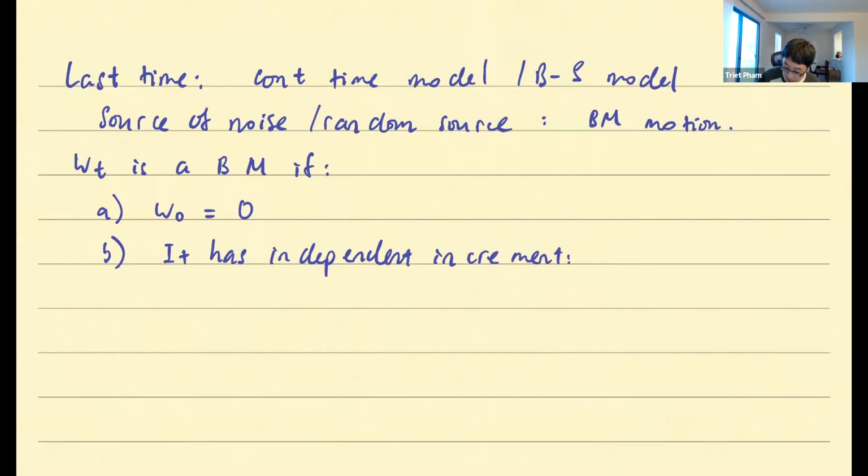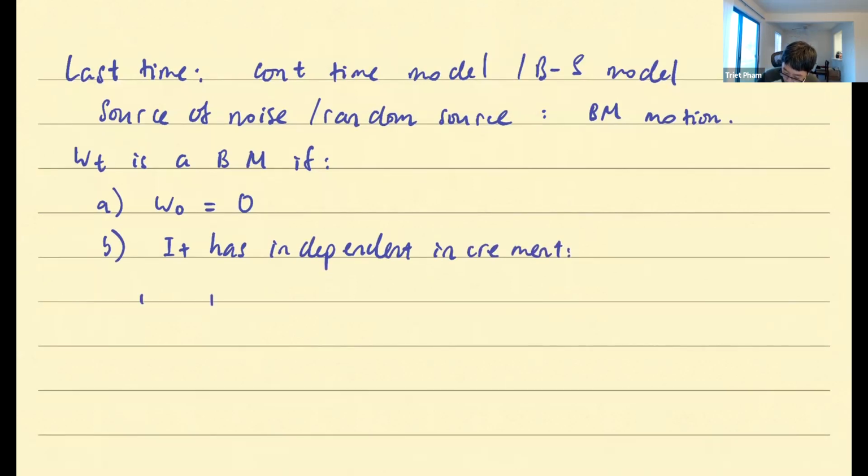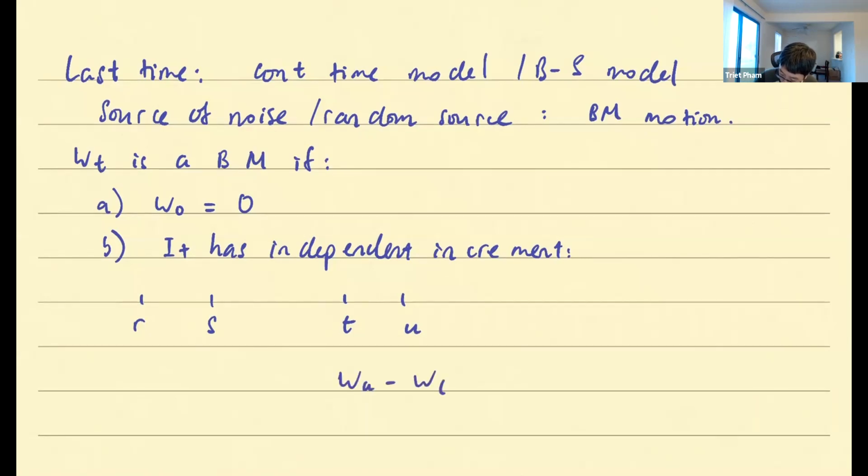What this means is, suppose you have two time intervals, let's say R, S, and T, U. They are not overlapping. Then the increment from time T to time U is W_U minus W_T. The increment from time R to time S is W_S minus W_R.